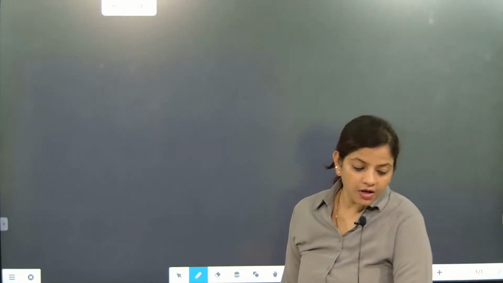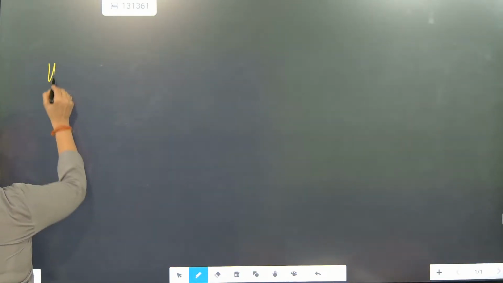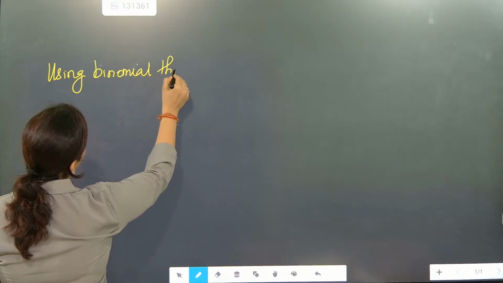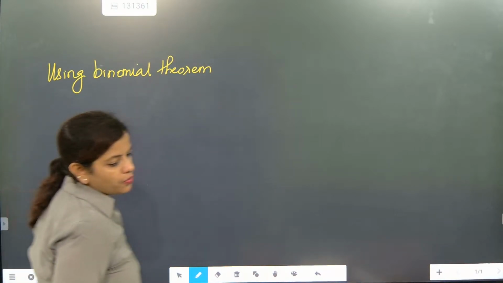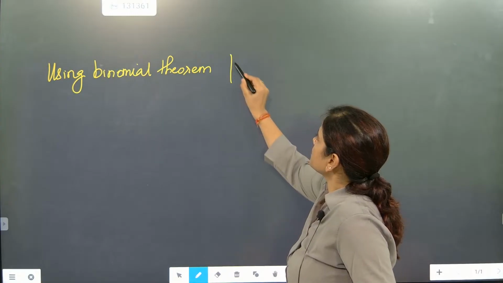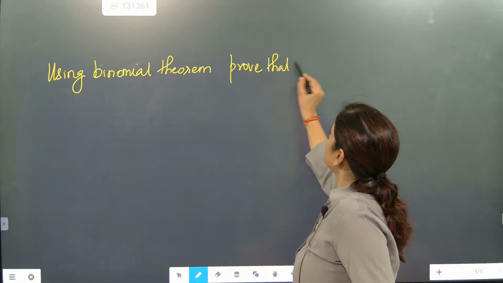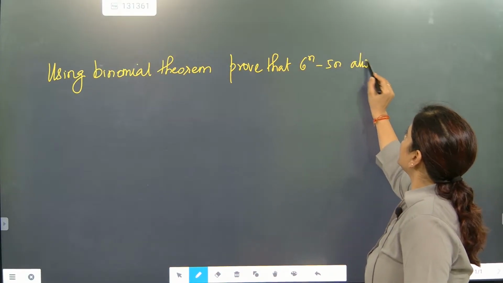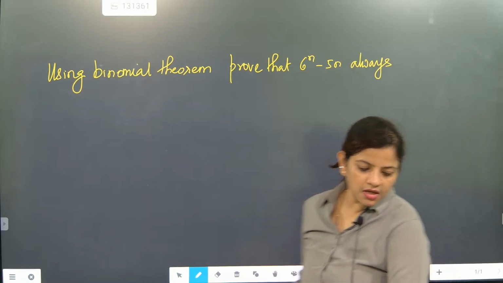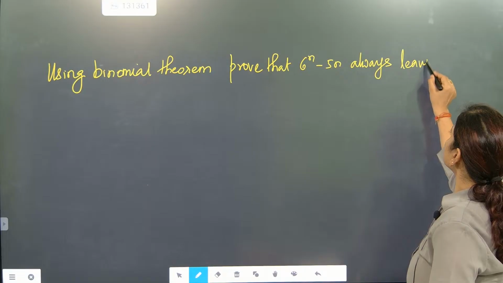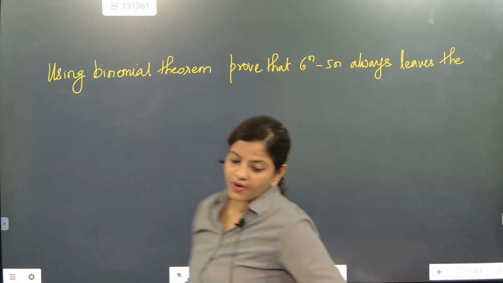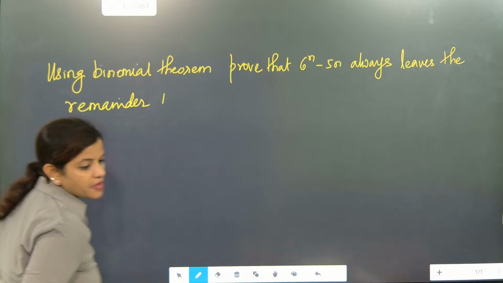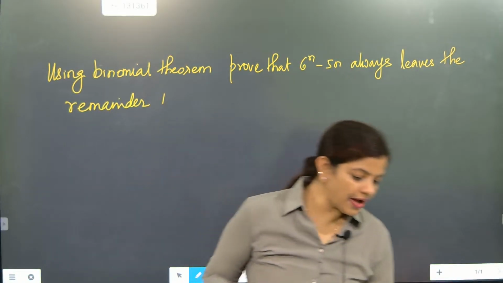Now, the question is: using binomial theorem, prove that 6 to the power n minus 5n always leaves the remainder 1 when divided by 25.